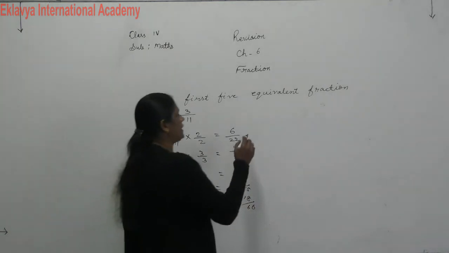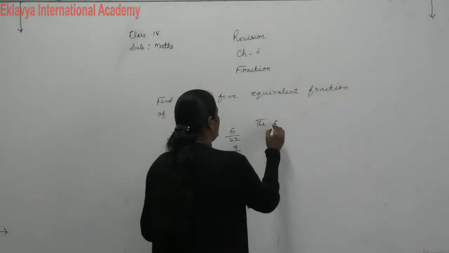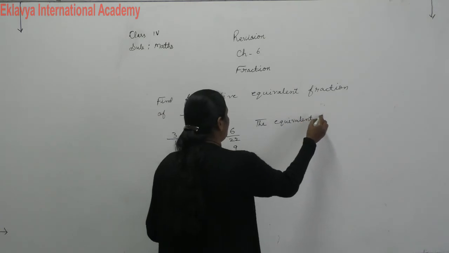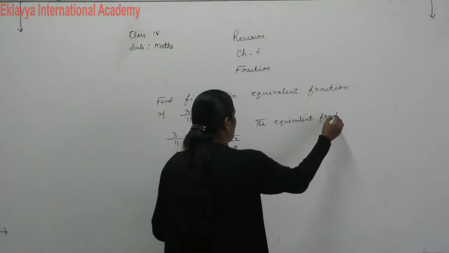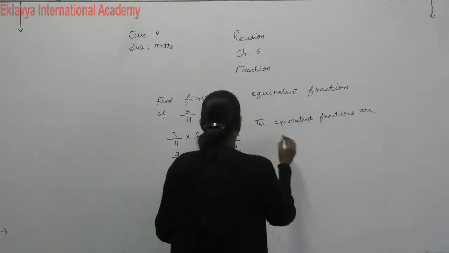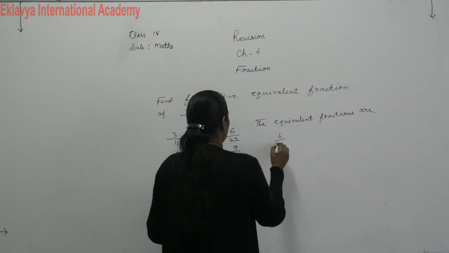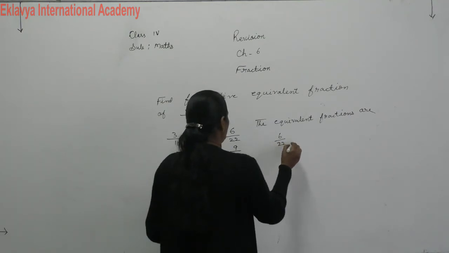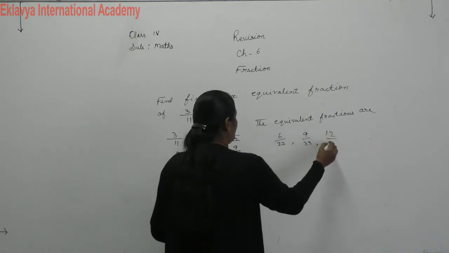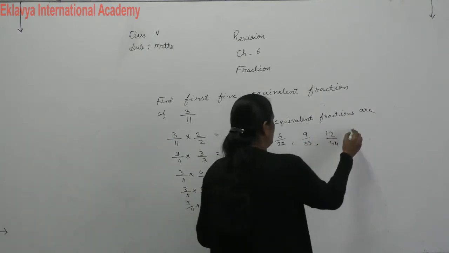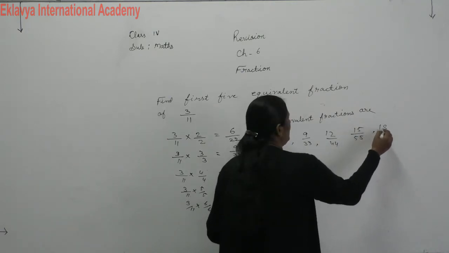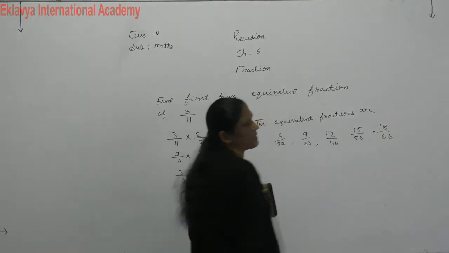The equivalent fractions are 6 by 22, 9 by 33, 12 by 44, 15 by 55, then 18 by 66.